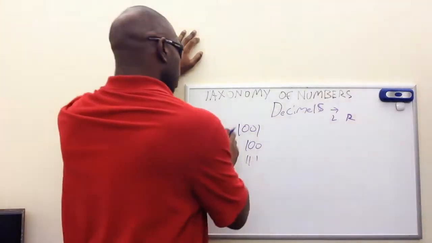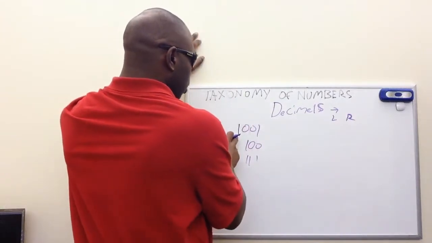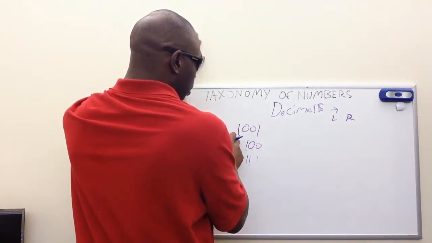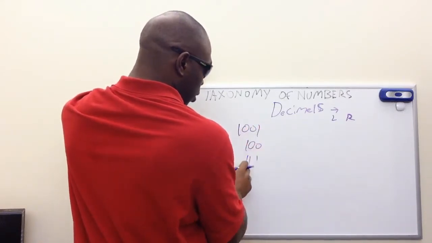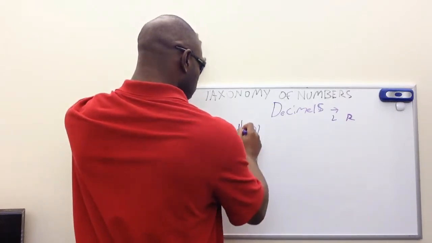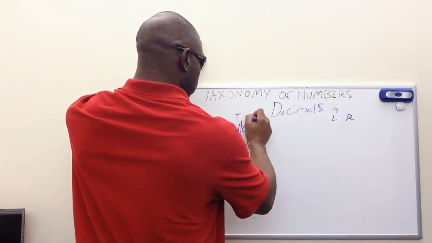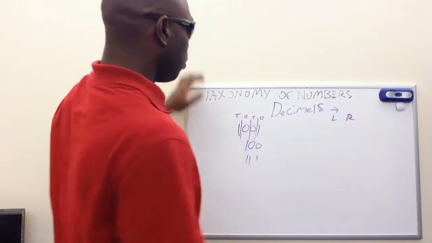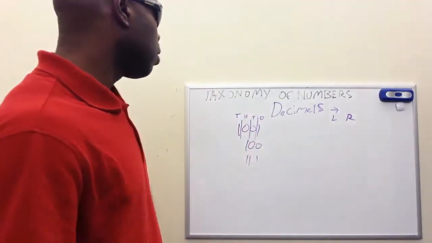So you start on the left side, and you move to the right side to read the number. So 1001, 100, 111. Because you have your thousands place, your hundreds place, tens, and ones. So thousands, hundreds, tens, and ones are your place values.